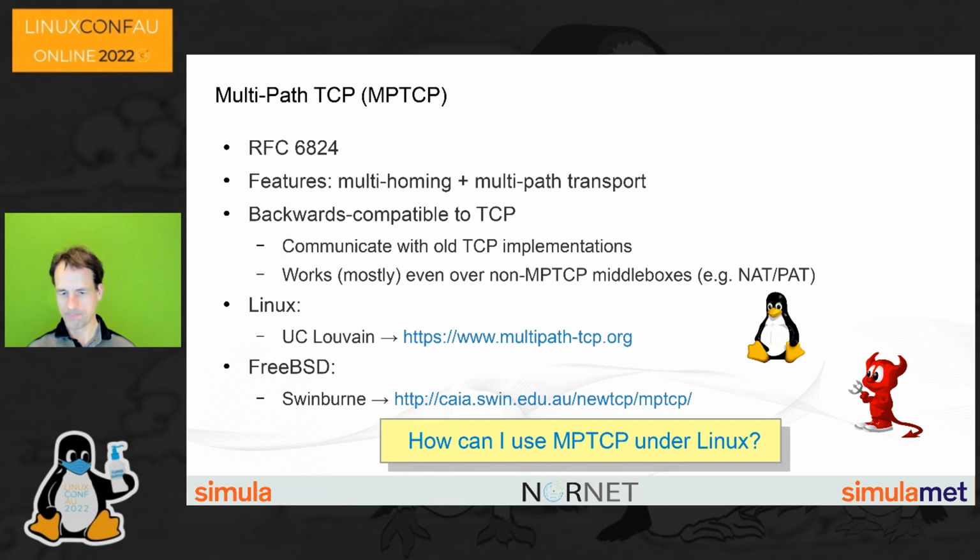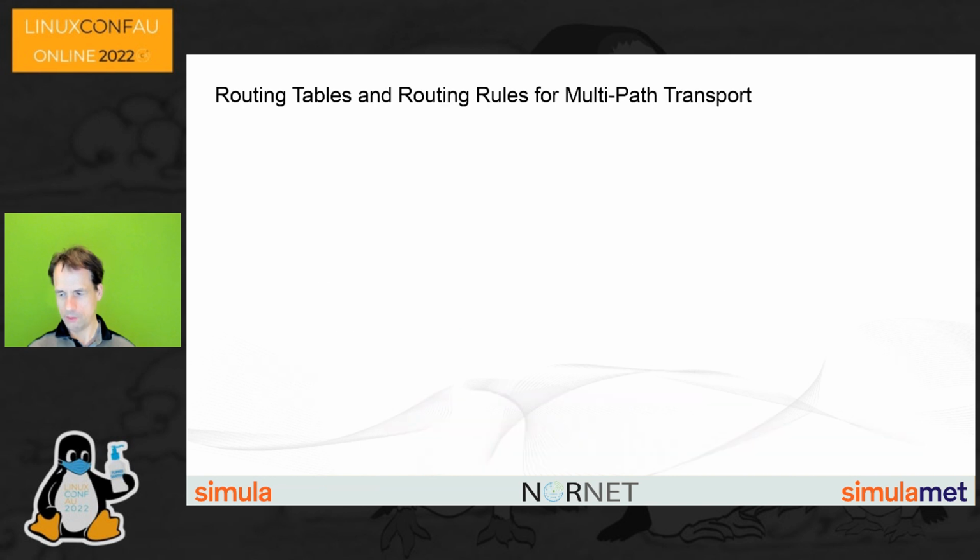So how can you now use it, particularly under Linux, because we are here at the Linux conference? Well, obviously you need an MPTCP capable kernel, but it's not a big deal. You can just compile one. So let me give an example.